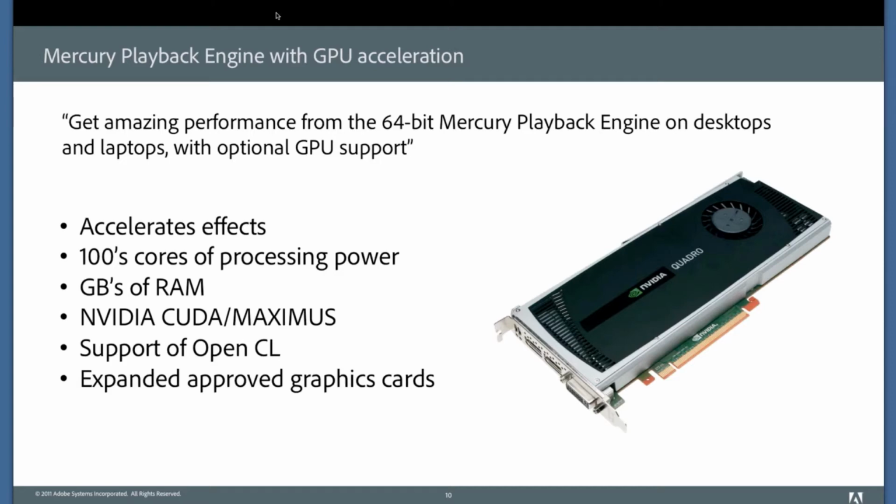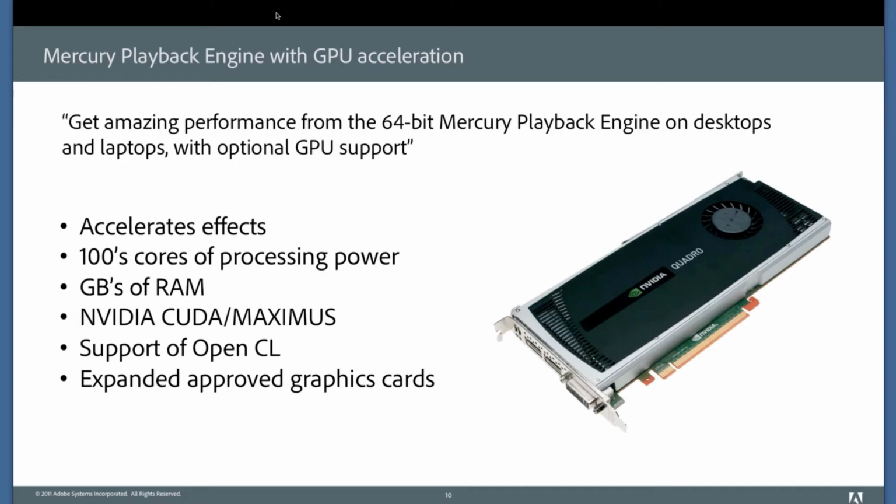If you're around watching the CS5 and CS5.5 time frame, you'll remember that the approved card list was about maybe one for the Macintosh and maybe a dozen for the Windows boxes. And so it was very much a specific card combination that would work with those previous versions.